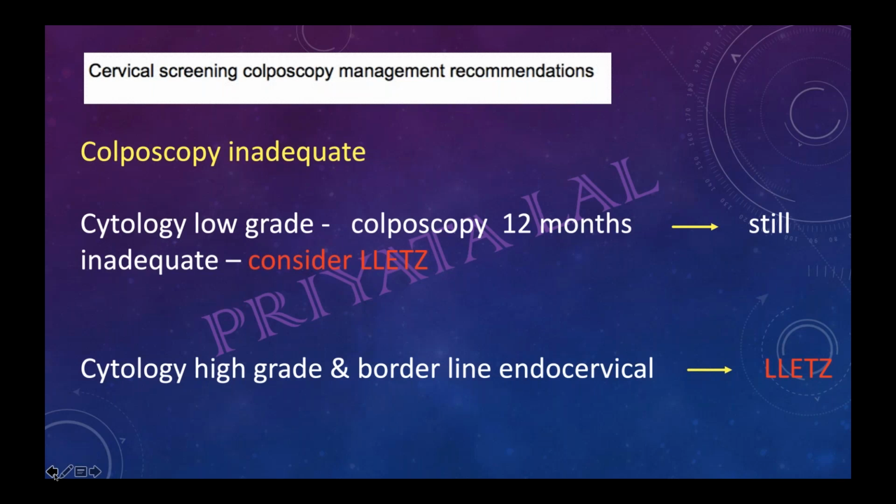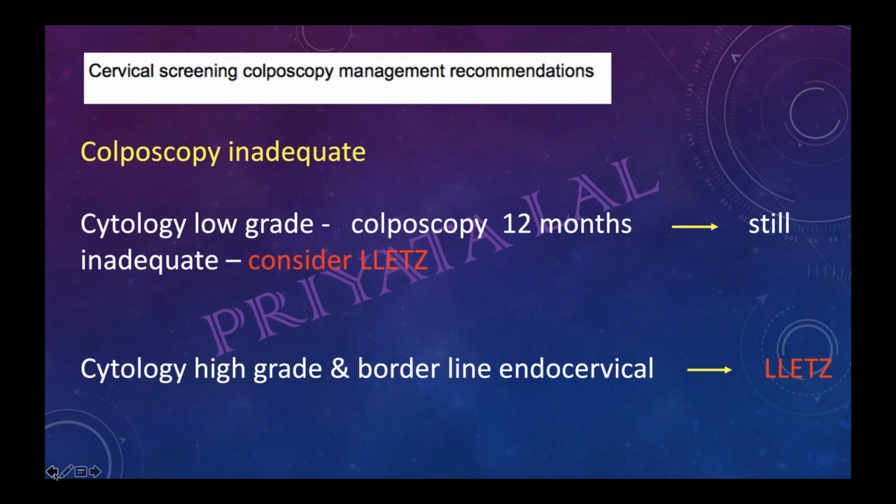Actually, I have already explained it, but now I can't go back, but I'll still explain. In colposcopy, we see the whole of the squamous epithelium, we also see the whole of the columnar epithelium, and we see the transformation zone.